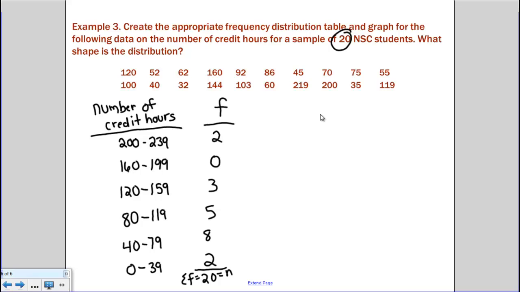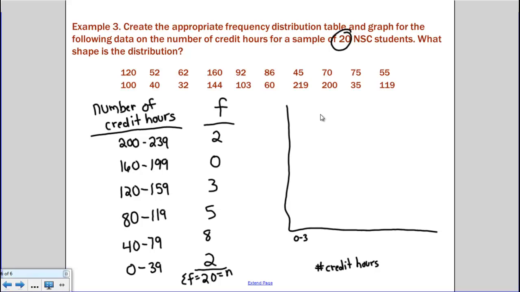All right, so now let's go ahead and create the histogram for this data. So draw my y-axis, my x-axis. Along the x-axis is going to be my number of credit hours. Let's label that. And let's put each group from lowest to highest, left to right.